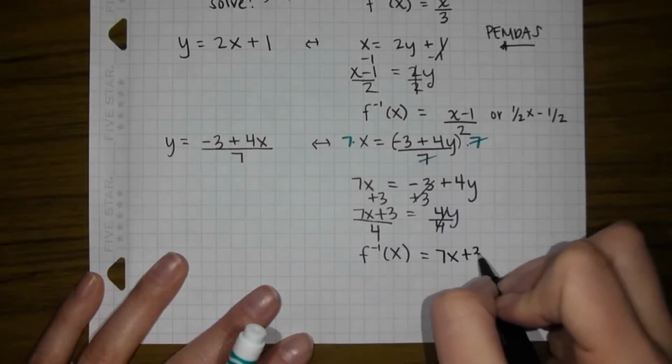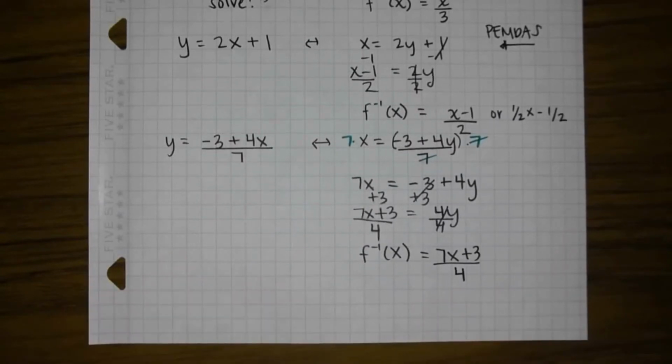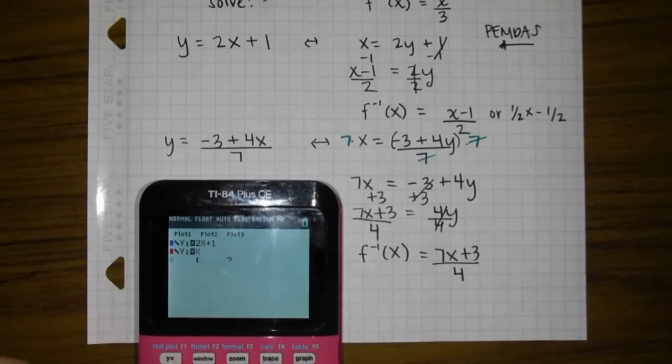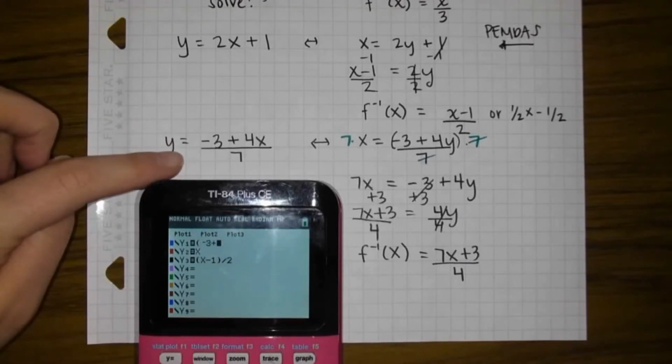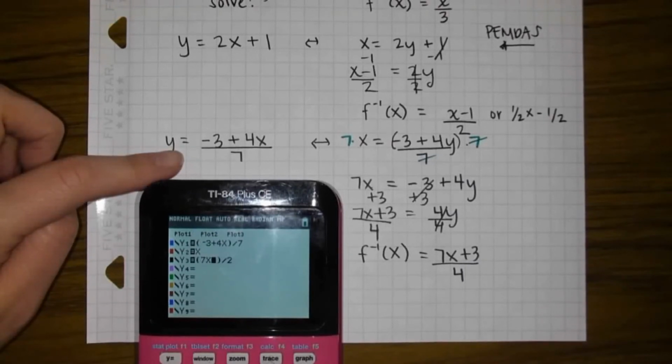Remember our fancy notation, the inverse of f of x equals 7x plus 3 over 4. And of course, you can check your answer by plugging it into your handy-dandy calculator. Make sure that you put the numerator in its own set of parentheses to indicate that this is a rational expression.